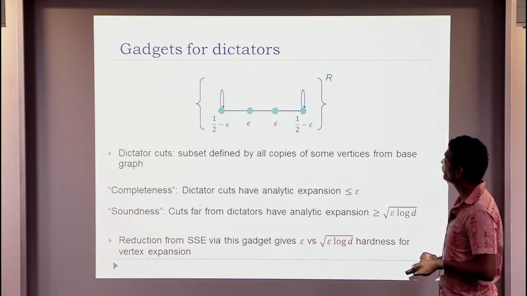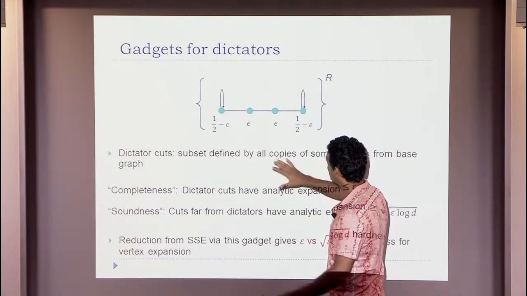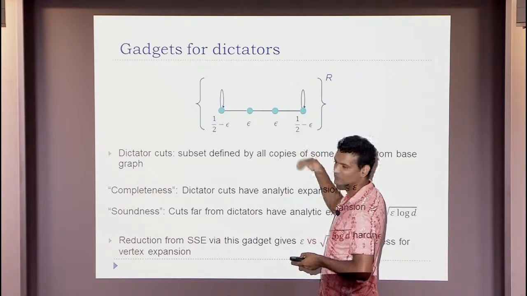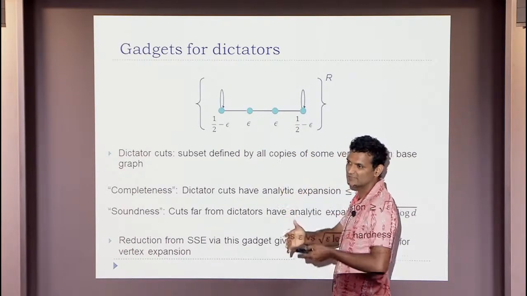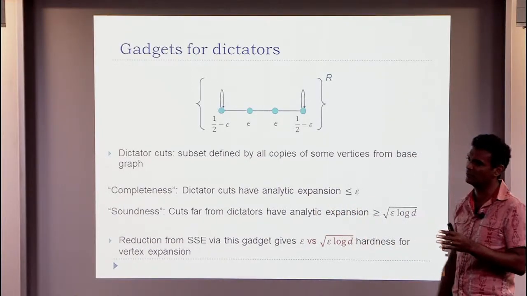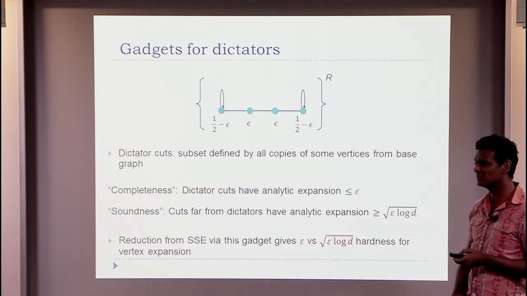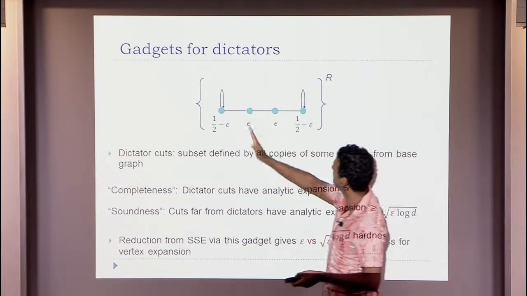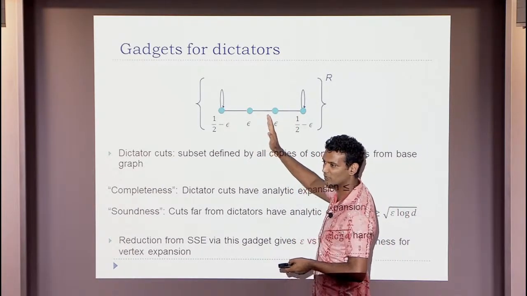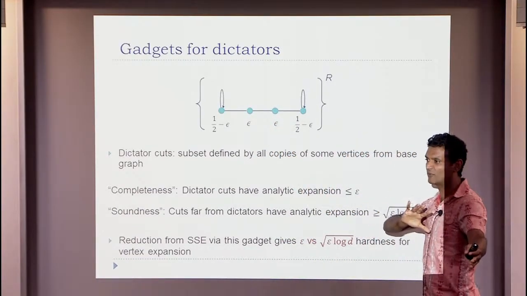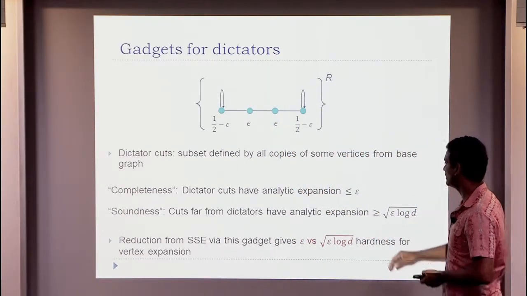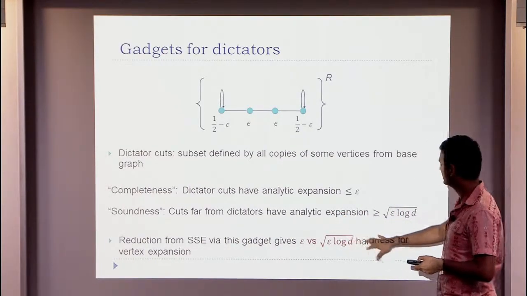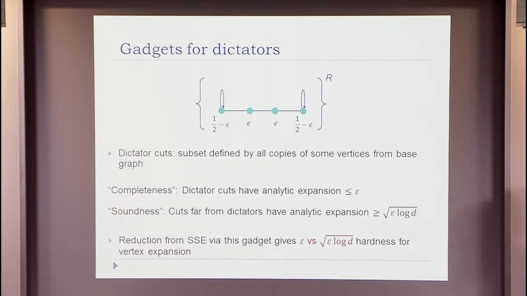What you want to show is that if you take a subset of vertices of the product graph, so that you are taking all copies of some vertex, this is a dictator cut. Like if you have a hypercube, you're cutting along a dimension. Then in fact you have small expansion. That's the point of this, right? If you cut here, here, or here, it's small, and this remains the case even if you make a product graph. But if you cut in any way that's sufficiently far, and we have to define what sufficiently far is, then the expansion is huge.